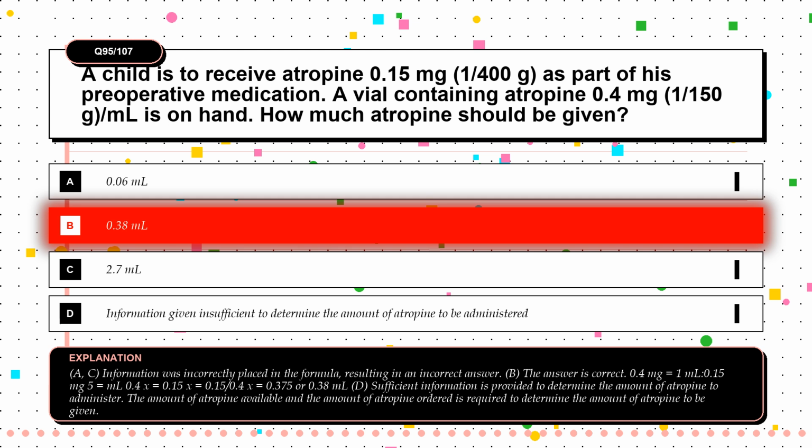B. The answer is correct. 0.4 mg equals 1 ml, so 0.15 mg equals x ml. 0.4 x equals 0.15, x equals 0.15/0.4, x equals 0.375 or 0.38 ml. D. Sufficient information is provided to determine the amount of atropine to administer. The amount of atropine available and the amount of atropine ordered is required to determine the amount of atropine to be given.